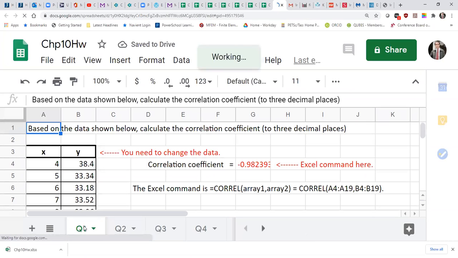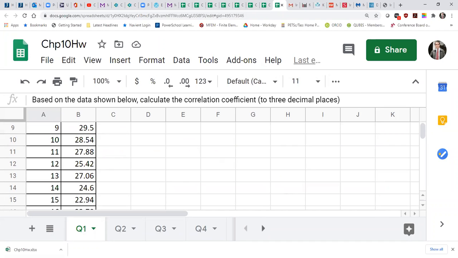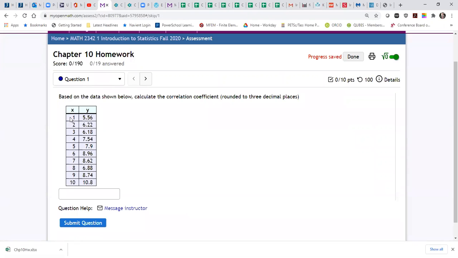Let's see. It is number one, right? So start at number one. You can see this correlation coefficient will be in here. You need to copy the data from the problem to the Google Spreadsheet or the Excel.